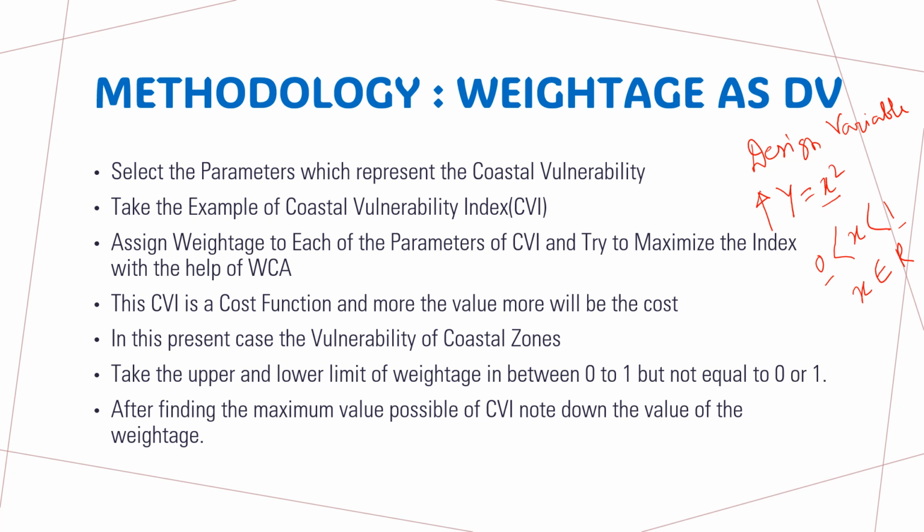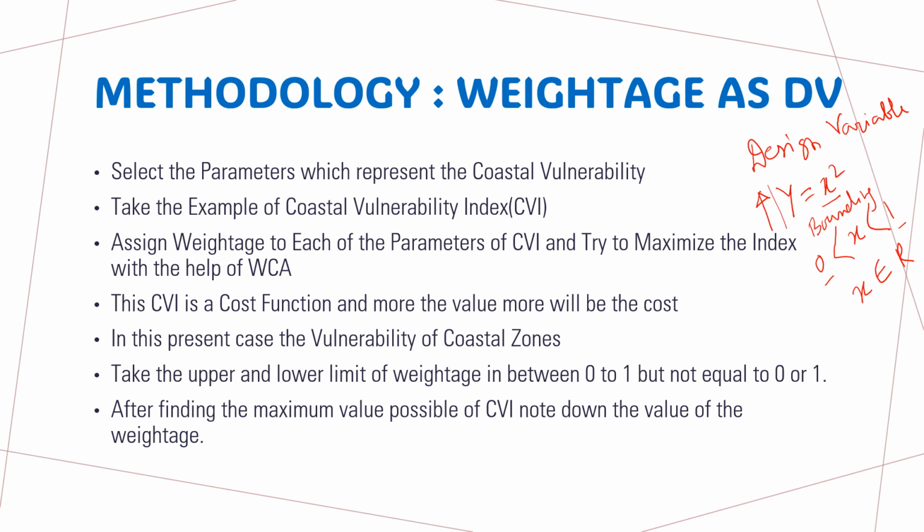So this 0 to 1, this constraint is known as bounding. And if both sides are bounded, then it is a closed bounded problem. If any one side is bounded, then it is an open bounded problem. Okay.